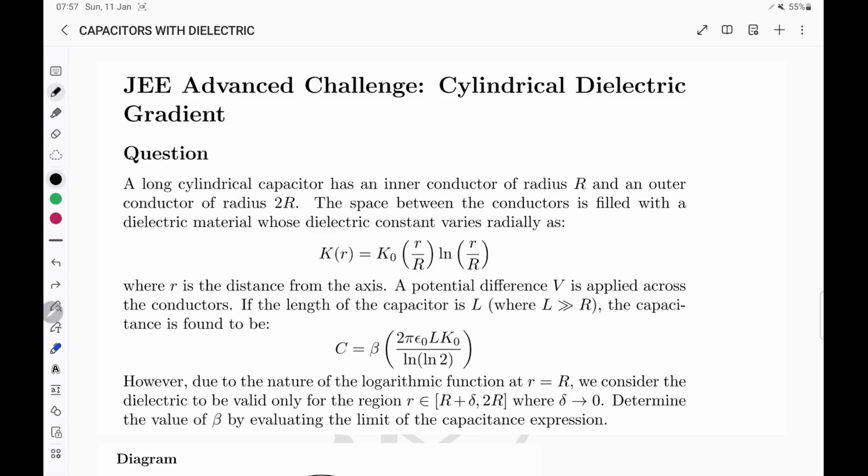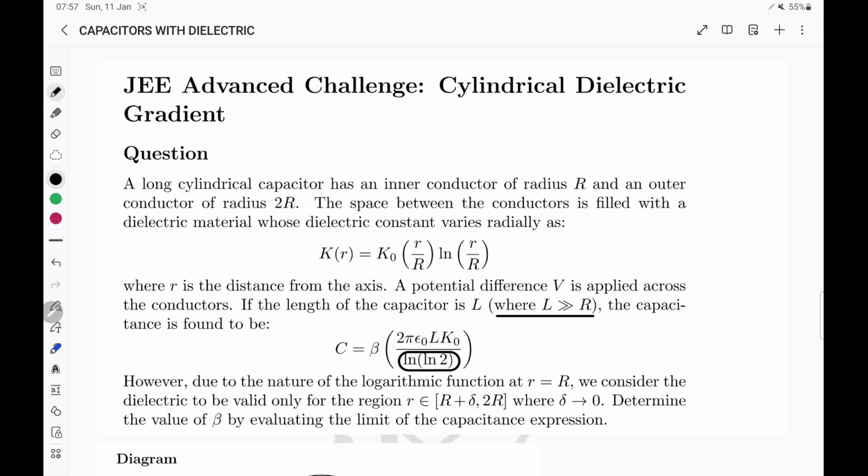Where r is the distance from the axis, the potential V is applied across the conductors. The length of the capacitor is L, where L is much greater than R. The capacitance is found to be C equal to beta times 2 pi epsilon naught L K naught divided by ln of ln 2. This is given.